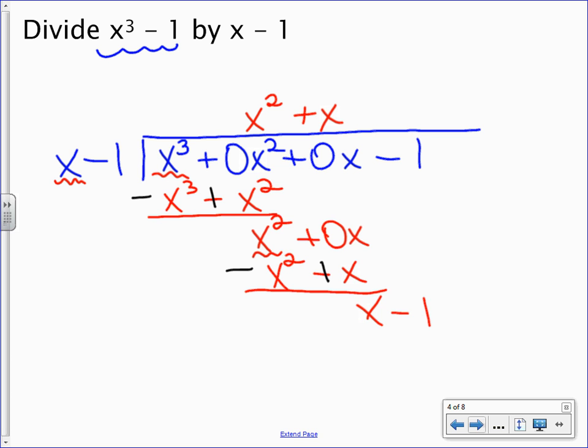And we'll bring down minus 1. Hey, this is nice. X times what is x? 1. What happens when we take 1 times our divisor? We get x minus 1, which means our remainder is 0. It divides evenly.